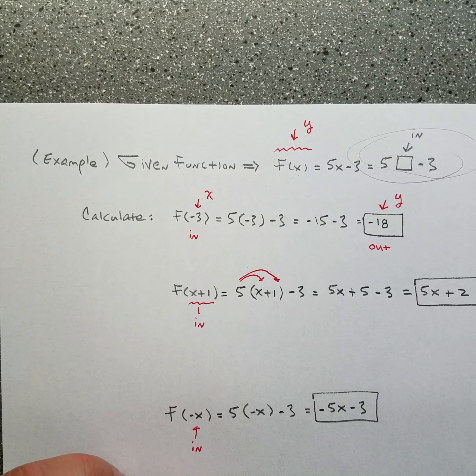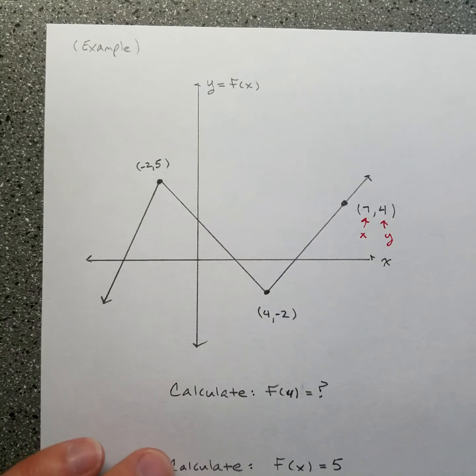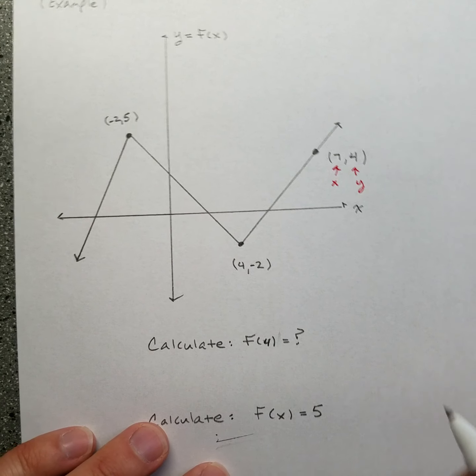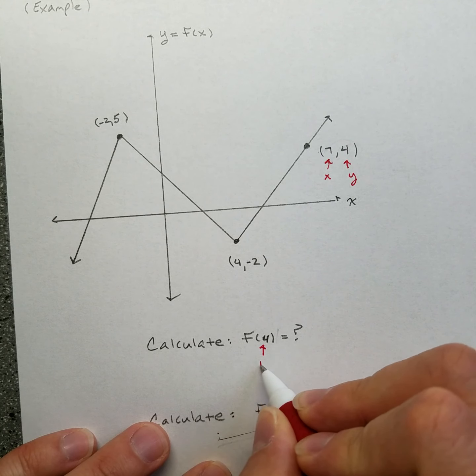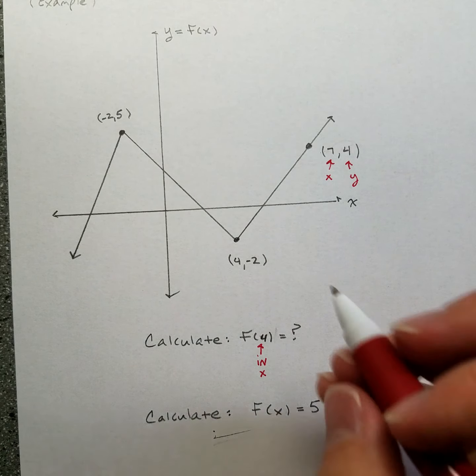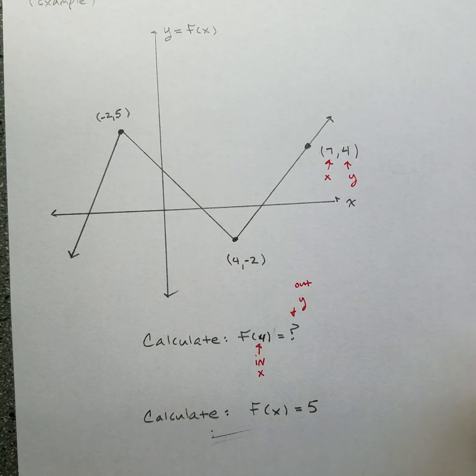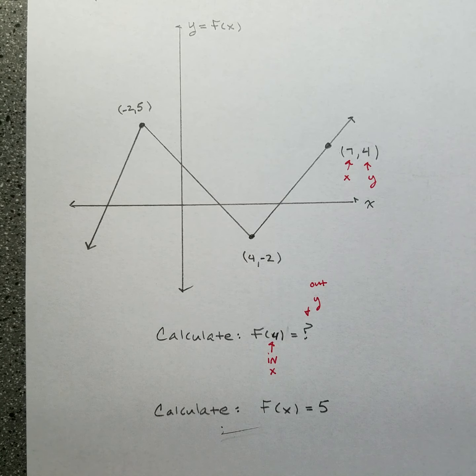If x is -3, y is -18. That's another way to say it. So it's asking me, if the x were to be 4, then what would the y be, or what would the output be? What y gets paired with x being 4?